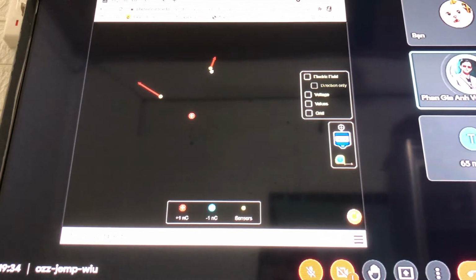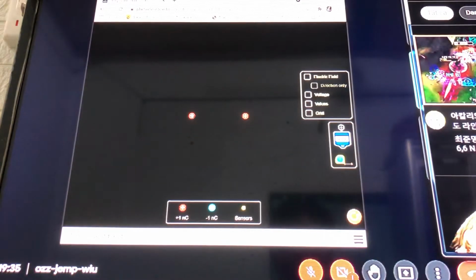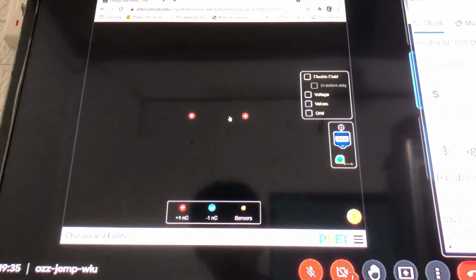So somehow we will talk about the energy. When I have a positive charge here, now I remove the sensor. I can calculate the force that acts between the two charges here.